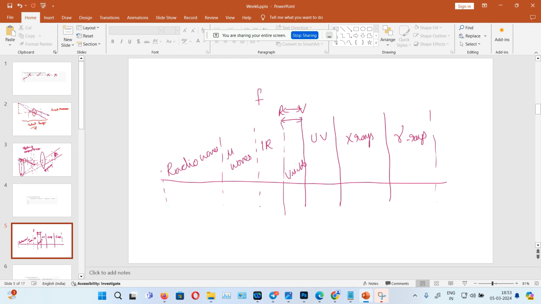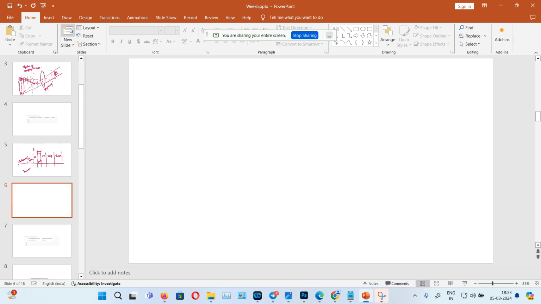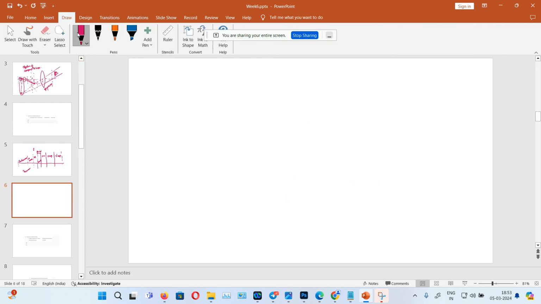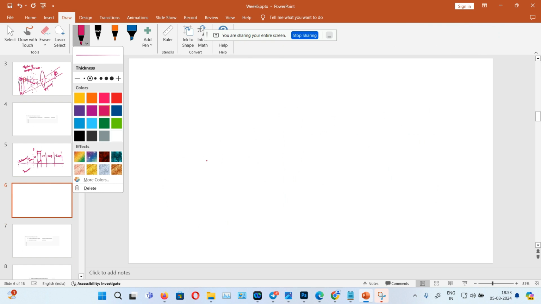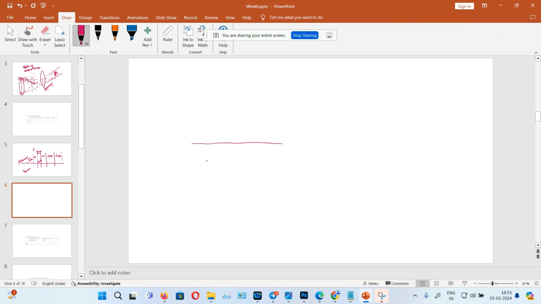And electromagnetic waves are transverse waves. What is meant by a transverse wave? If the wave is moving in this direction and the oscillation of the particle is happening in the perpendicular direction, then this is called a transverse wave.